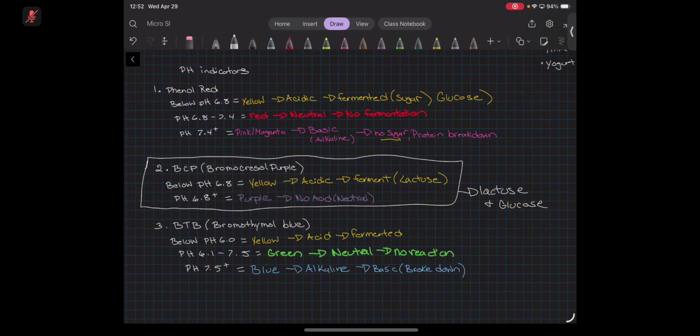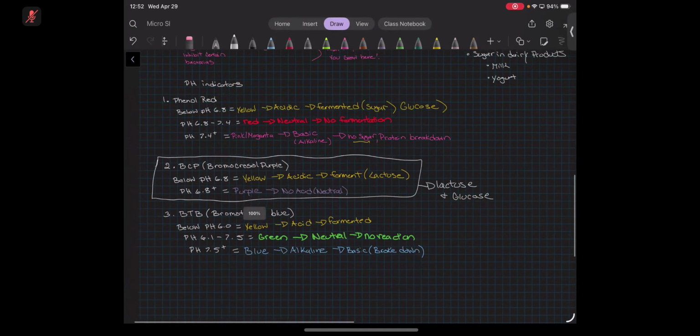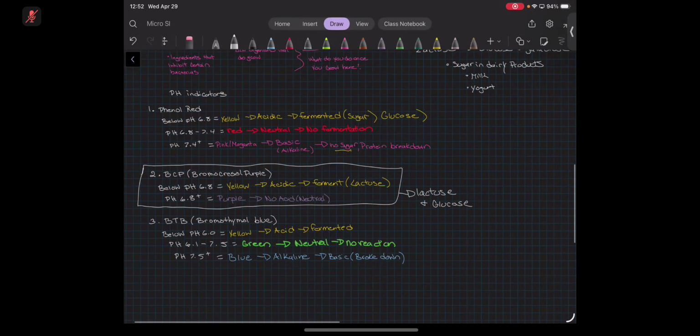That's for Excel for the last. Do we only need to know number 2? No, you need to know all of them. But number 2 is only lactose and glucose. That's all you need to worry about for the phenol red.